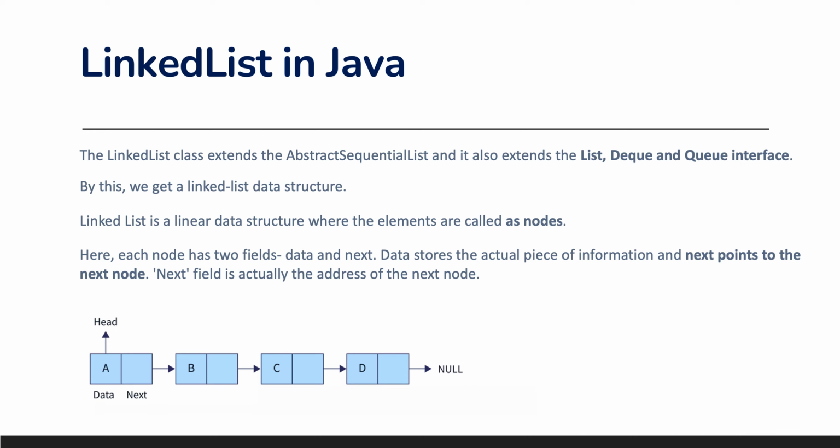Like how we have seen in the ArrayList, it was an implementation on top of the array. So basically in the memory there will be a continuous memory location, but in case of the LinkedList it is the implementation of the LinkedList data structure. So it is going to allocate the memory in the form of nodes, where first we store the data and next we store the address of the next node.